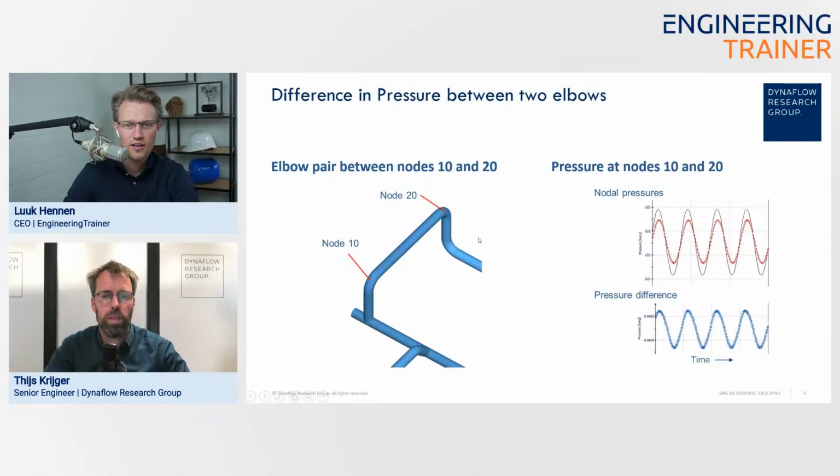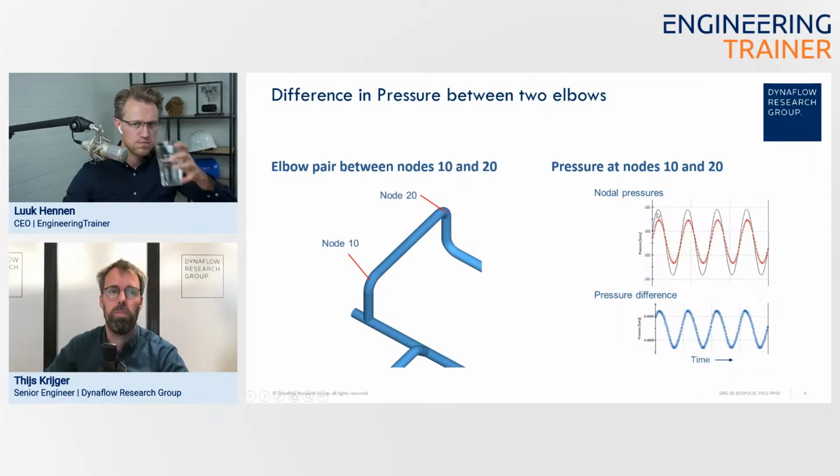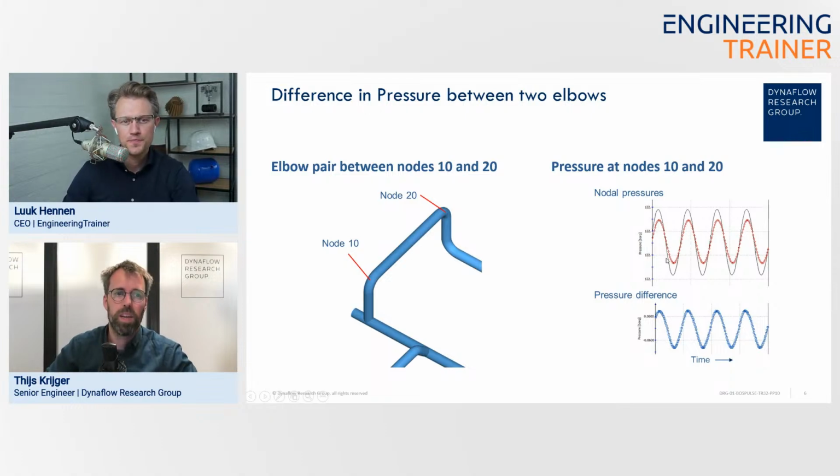I think it's a very good question indeed, because the answer is yes. It does reverse. So if we're looking at, let's say, the effective force on this straight section, then as long as the black line is above the red line here, the force is going to be in one direction. And while the black line is below the red line, it's going to be in the other direction. So it will actually be moving back and forth.